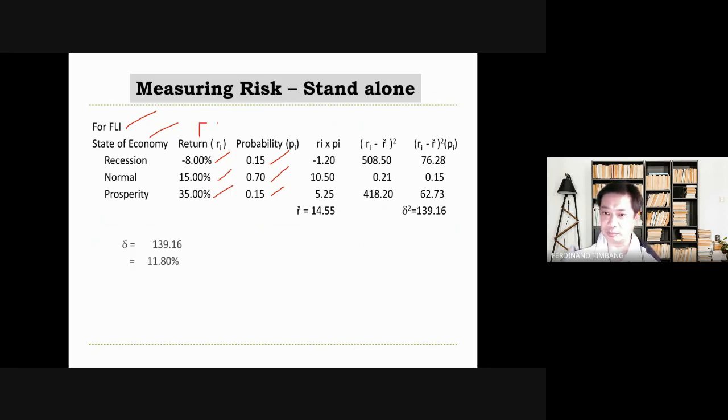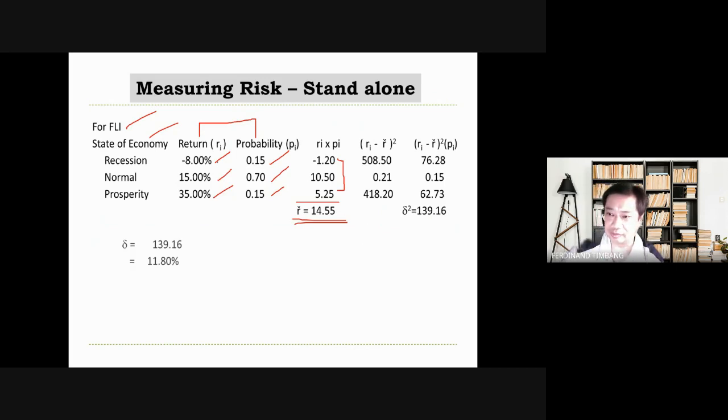We multiply these two, and you get negative 1.2, 10.5, 5.25. Then add. So the mean is 14.55.